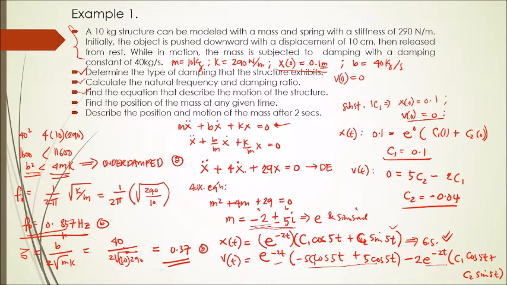Then we compare and or simplify and rewrite it in the standard form sa atong DE, so we can find the auxiliary equation. This is the auxiliary equation. Then our roots is this one. So the equivalent general solution sa ani is e to the at times c1 cosine bt plus c2 sine bt, where our b is 5, our a is 2.